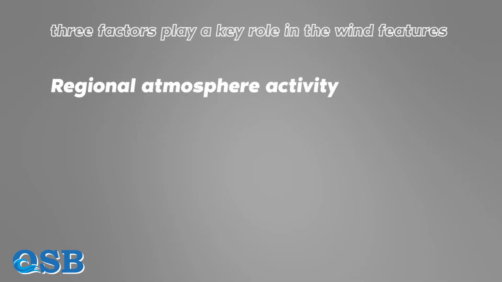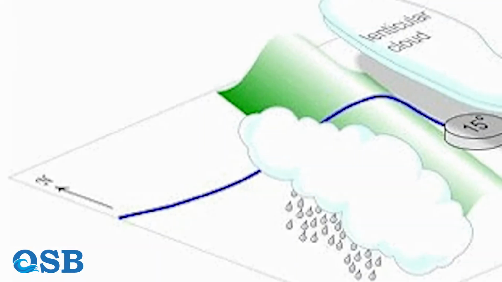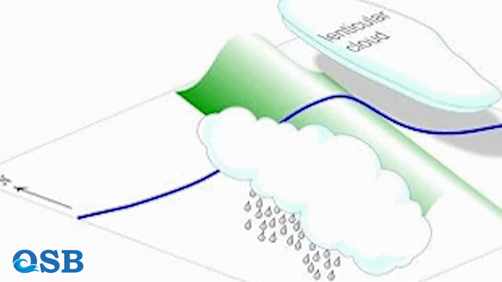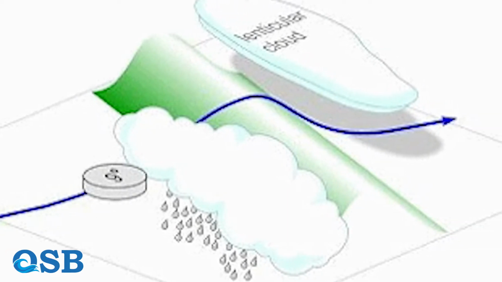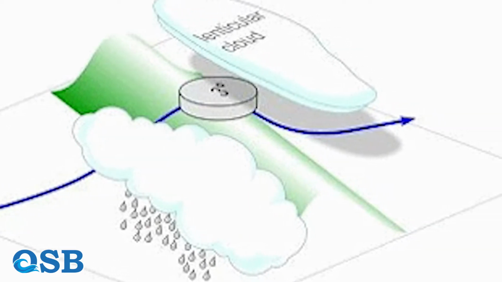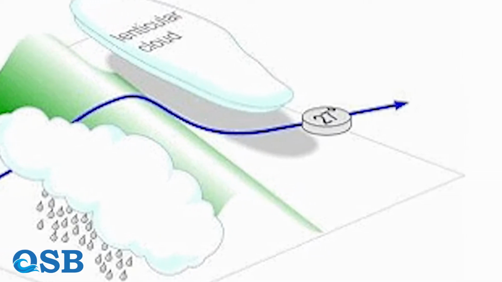In the Caspian Sea, three factors play a key role in the wind features: regional atmosphere activity, the topography of the coasts, and local atmosphere circulation. In other words, the wind comes from another region, the wind field forms in the Caspian Sea, and coastal topography changes the wind field. For example, near the coast, some mountains change the direction of the wind.